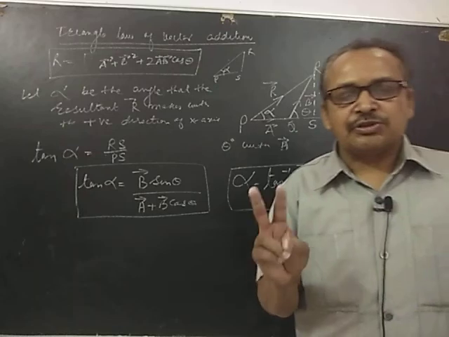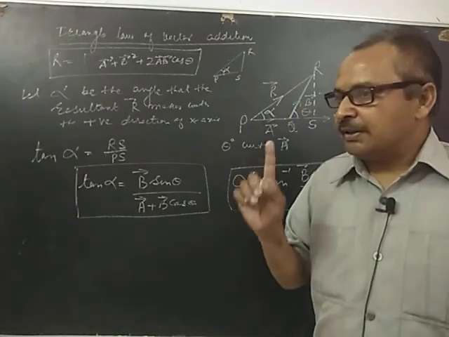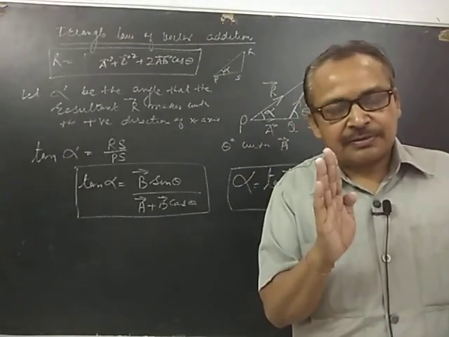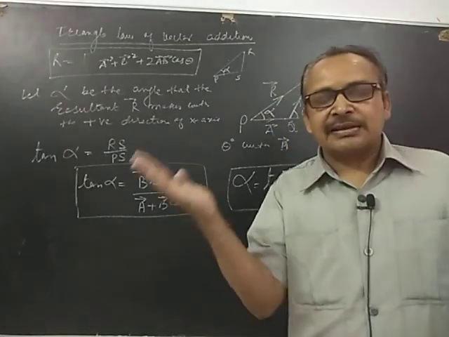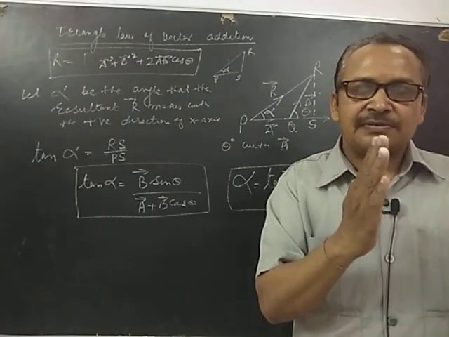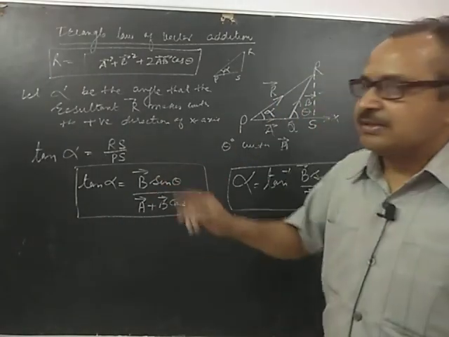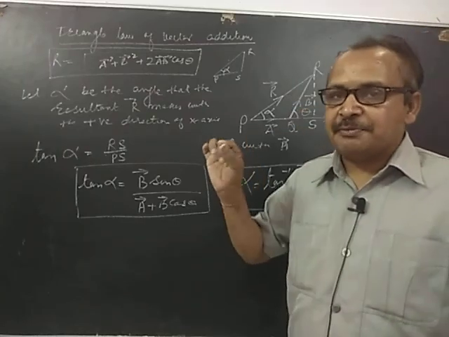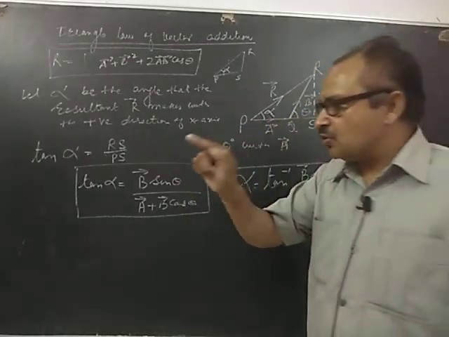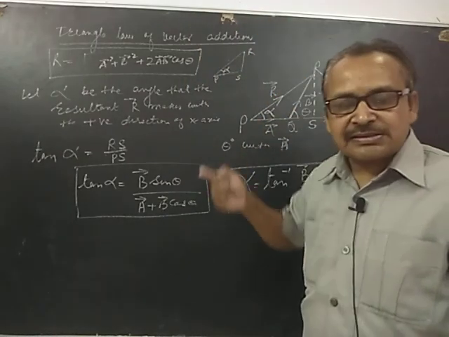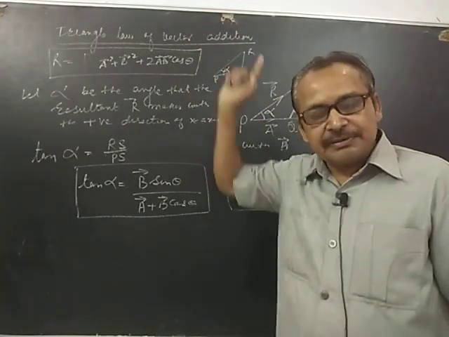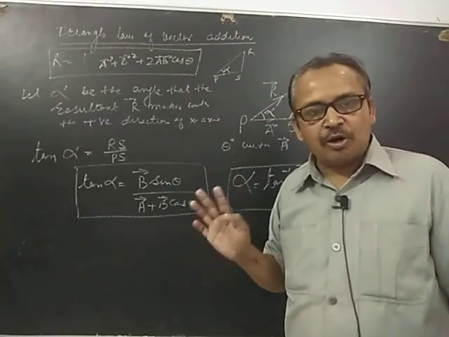Two important things you have to understand. My first vector will lie along the x-axis and the second vector will lie along the y-axis. So when I say vectors A and B, A is on the x-axis and B is along the y-axis. That means vertically. Am I audible?